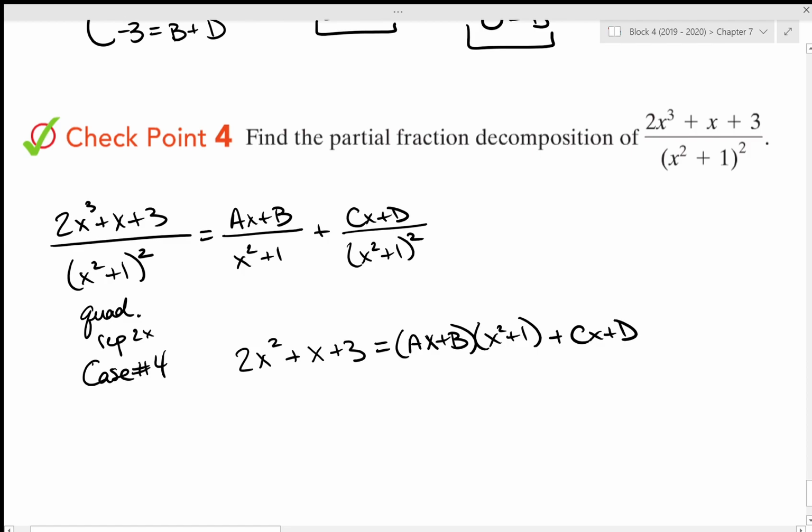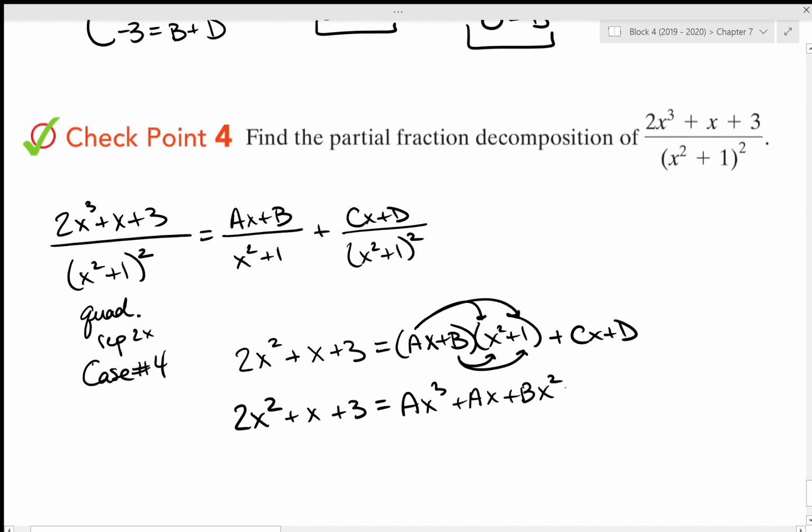We don't need to multiply anything. So I just have to FOIL here. So I get ax cubed plus ax plus bx squared plus b plus cx plus d.